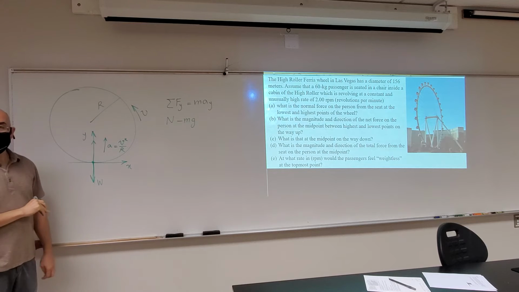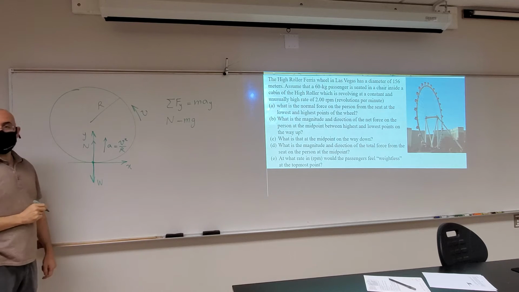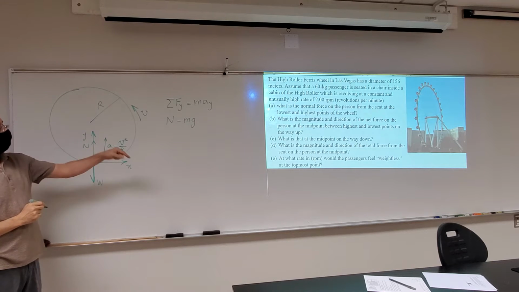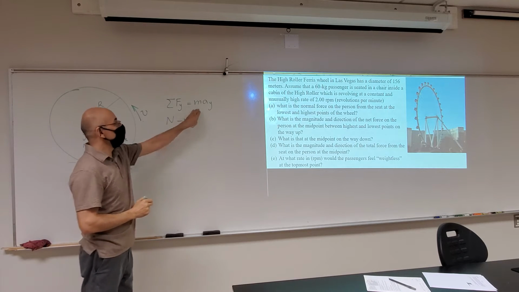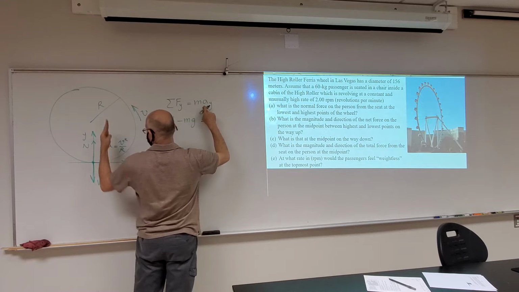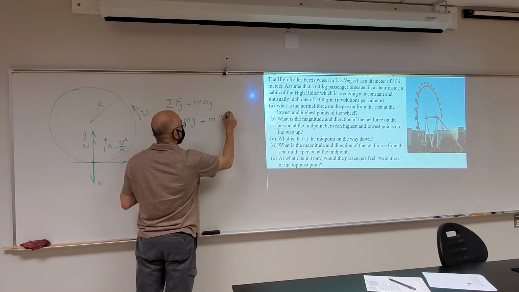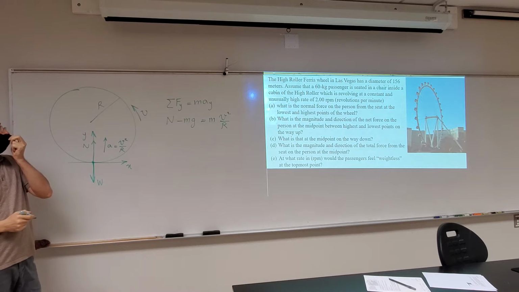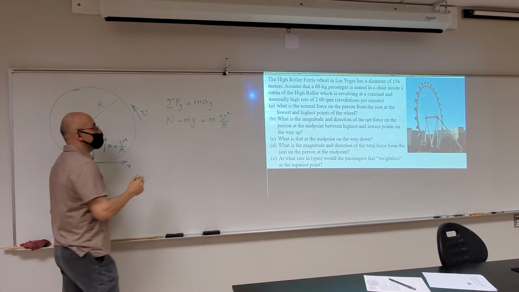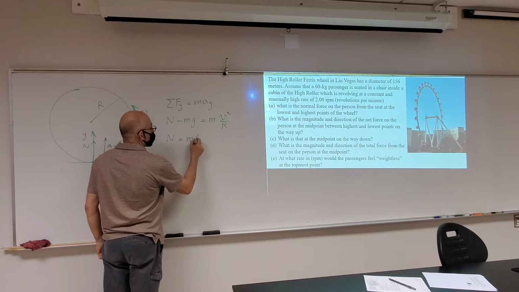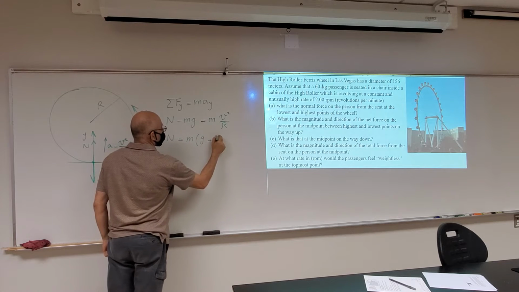Y component of normal force is its magnitude. Y component of W is negative of its magnitude. We add them together, and this equals mass times the magnitude of acceleration, because it's up, which is v squared over r. So we can solve for N. N is equal to m times g plus v squared over r.